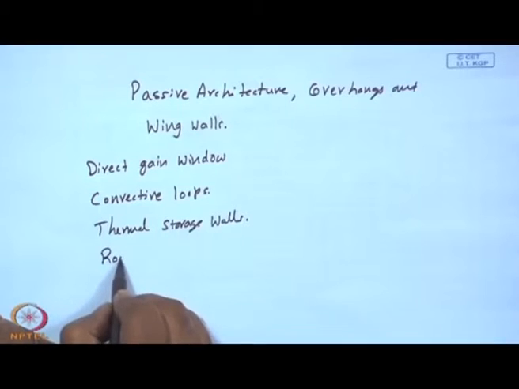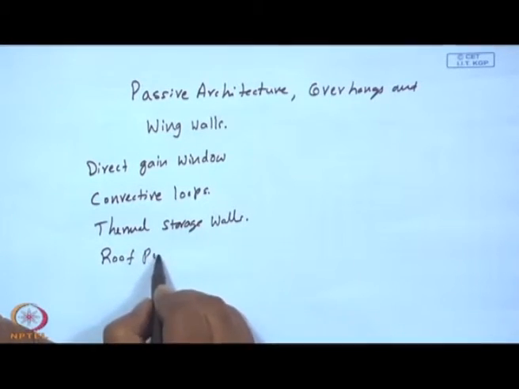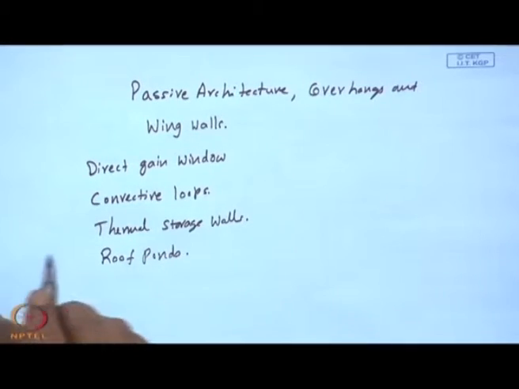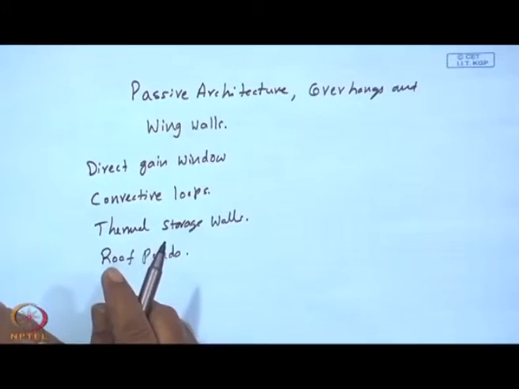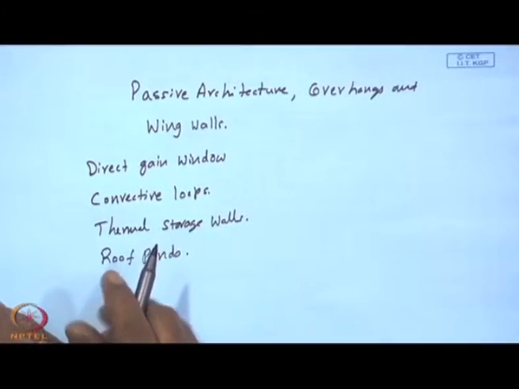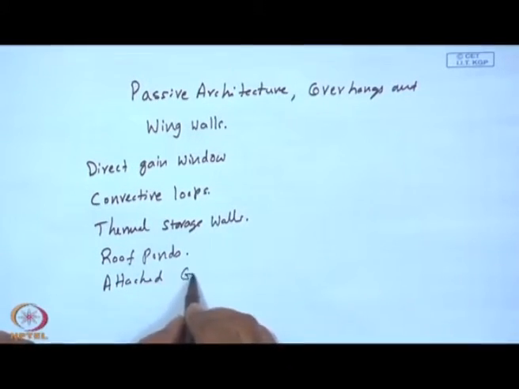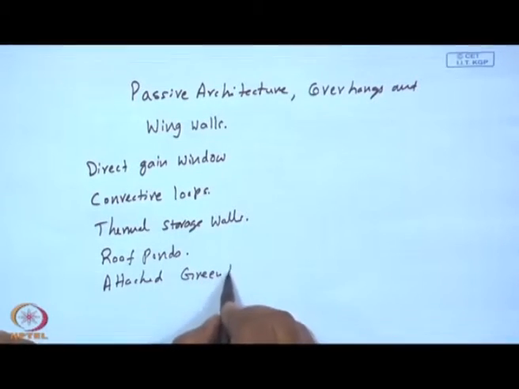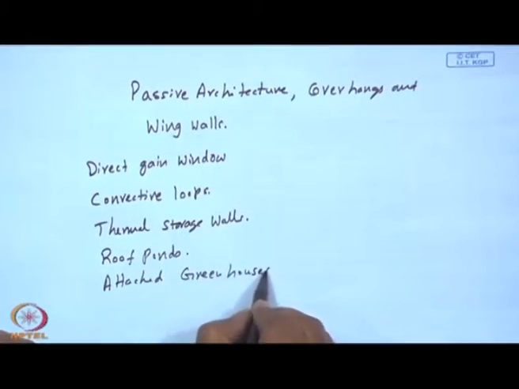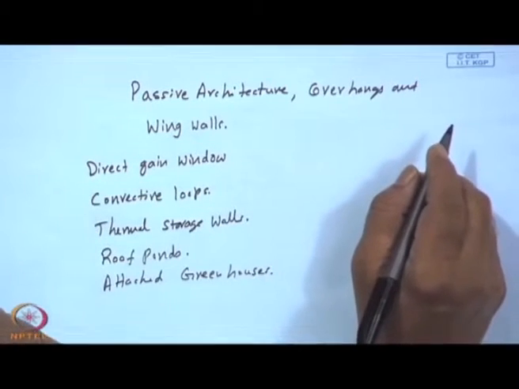And then you have got roof ponds, which will keep the room or the underneath floor much cooler. Then you have got attached greenhouses. In fact, many of them work on the principle of the greenhouse.